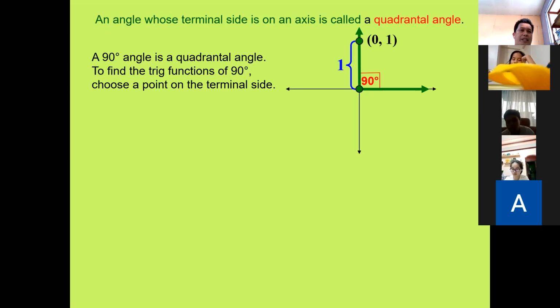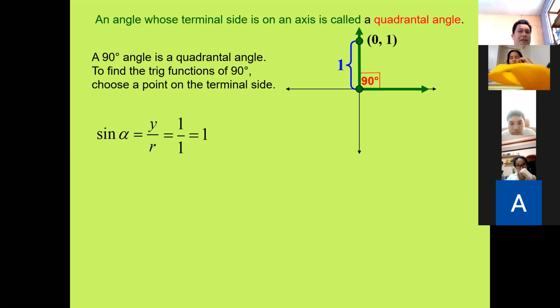Starting with sine, your x is 0, your y is 1, and your r is the distance of the point to the origin. Using the formula r equals square root of 0 squared plus 1 squared, your r is equal to 1. Sine of alpha is 1 over 1, or 1. Cosine of alpha is 0 over 1, or 0.